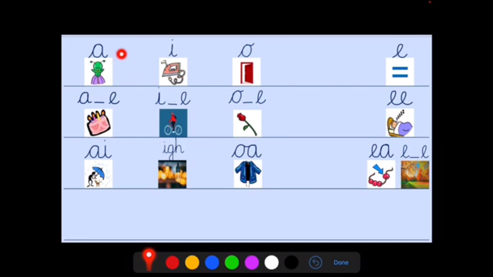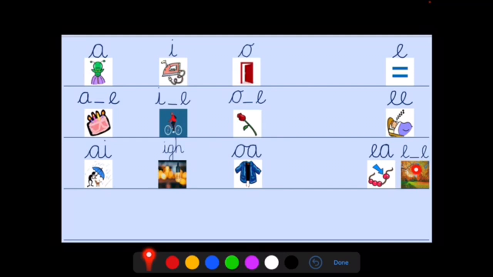We had the choice of A consonant E, and we've just introduced AI. I consonant E, IGH. O consonant E, and one of today's spellings, OA, E consonant E, and another one of today's spellings, EA.